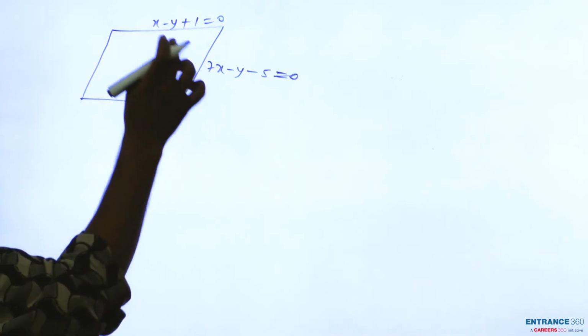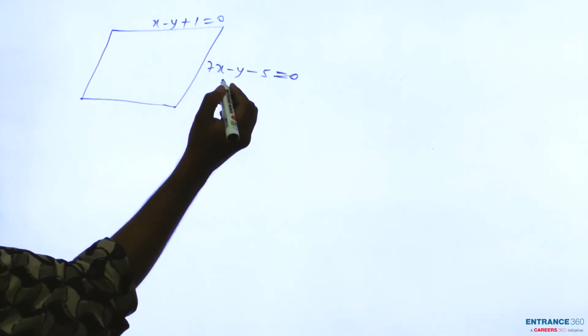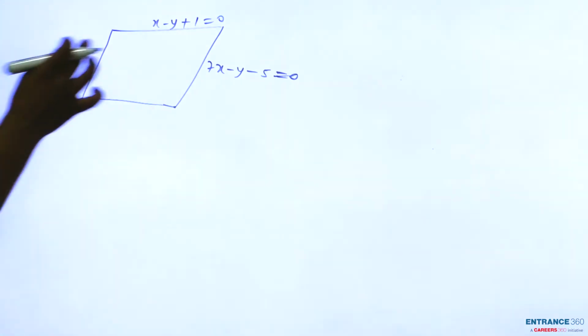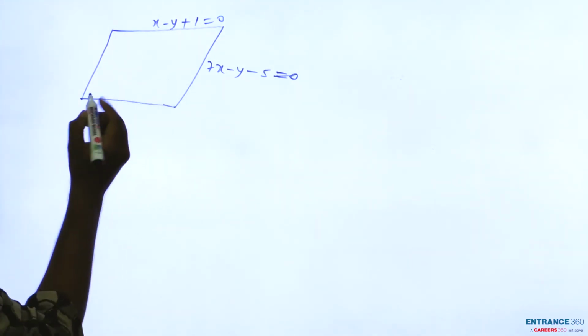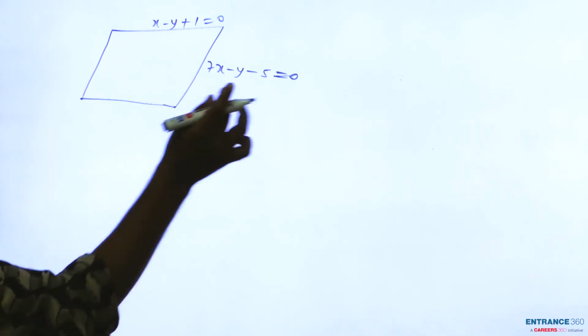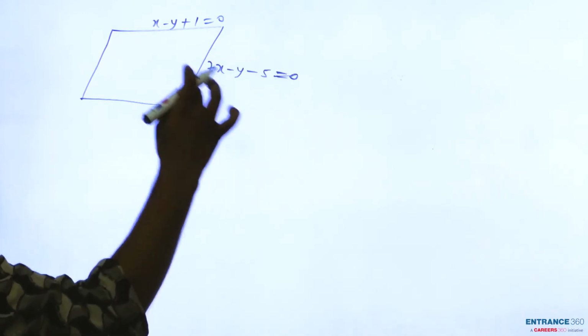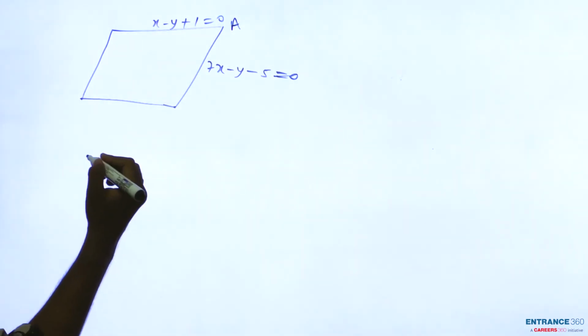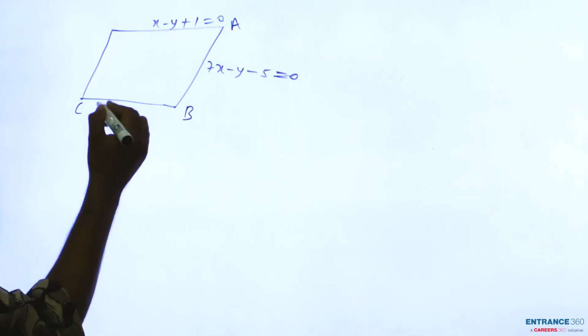But here the slope is 7 and the slope is 1. These slopes are not equal, so we can't take this equation for that straight line. You can also name the points A, B, C, D like this.